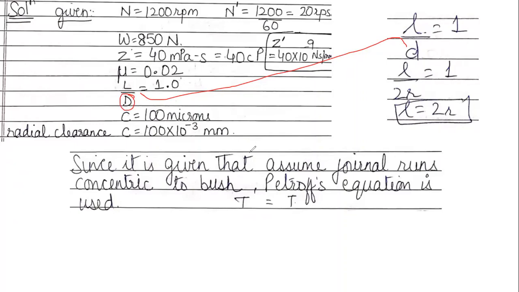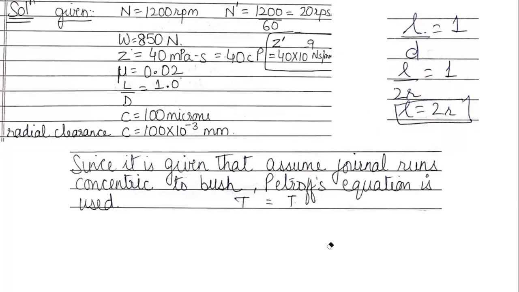Though it is written capital D, it is always the ratio of length of the bearing to the diameter of the journal or diameter of the shaft. So if L by D is 1, D is nothing but 2R, right? So 2R goes there, and L is equal to 2R. That is length of the bearing is 2 times the radius of the journal or the shaft.